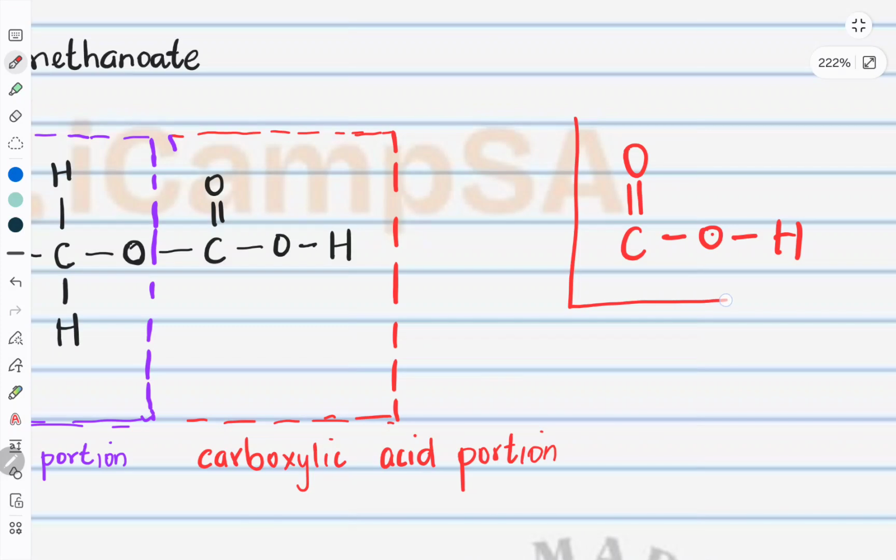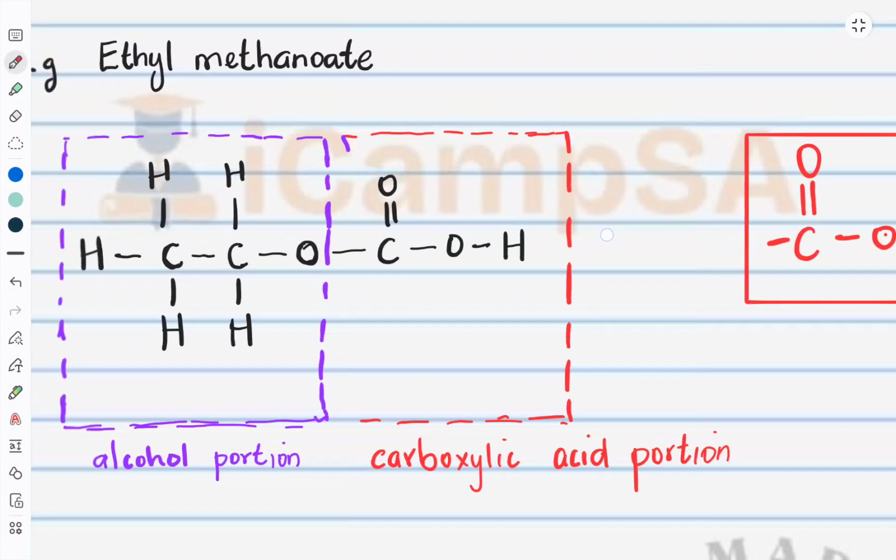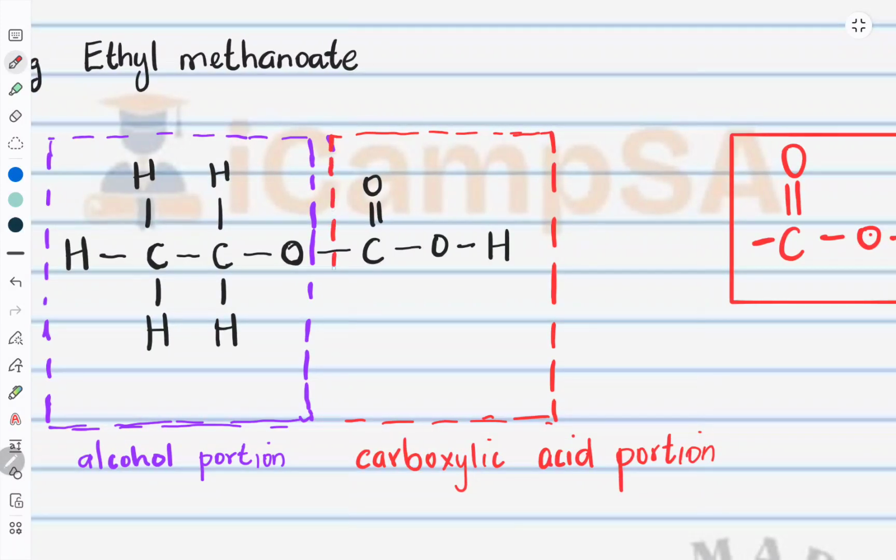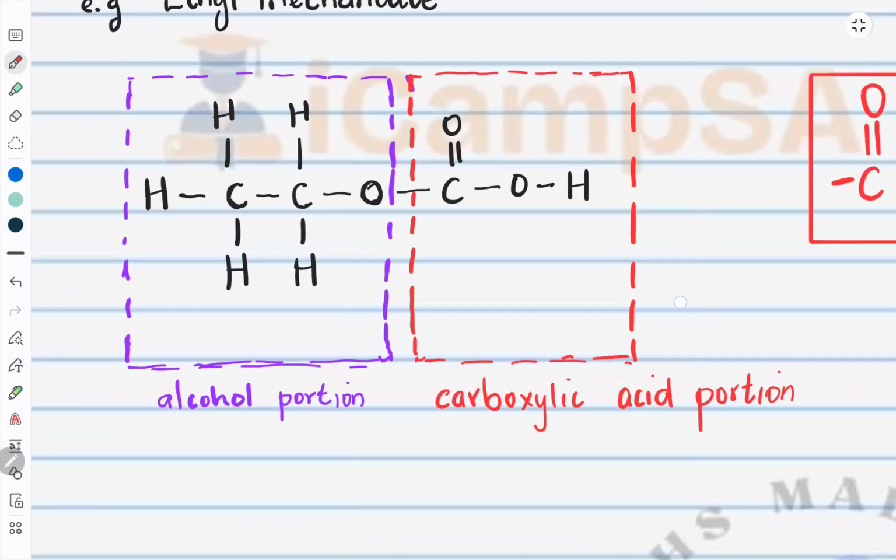We take out this part on the ester compound, and anything on the left of this part belongs to the alcohol portion, and anything from this part going to the right belongs to the carboxylic acid portion. What does that mean?